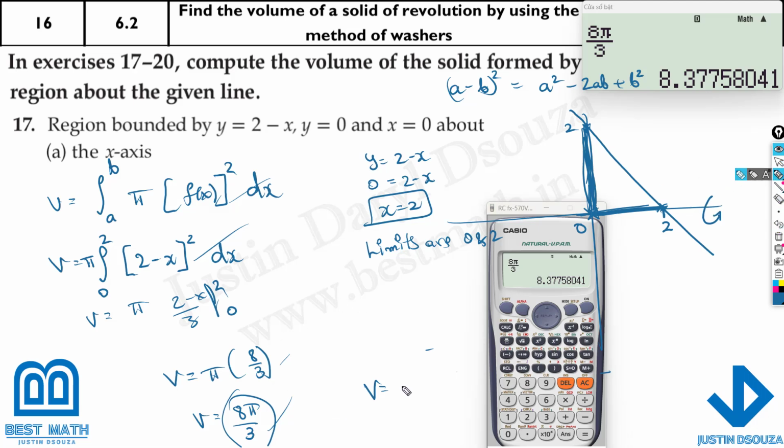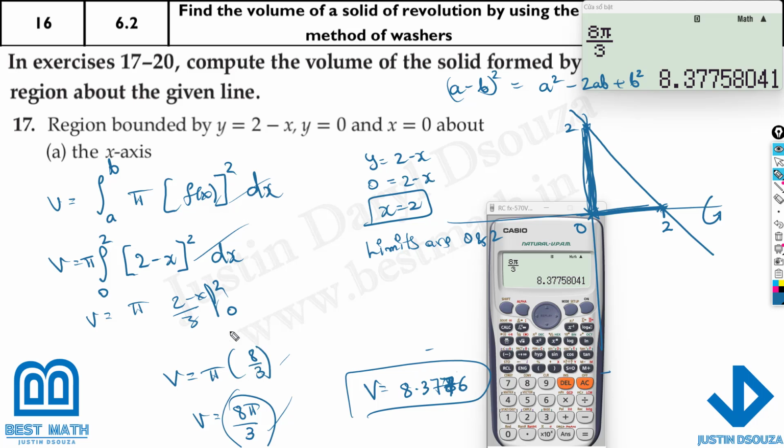Last year when we went for correction, they allowed either value, whether in terms of pi or the numerical value. 4 decimals are better, that's generally the maximum we take. So 8.377 is the final answer. After this, you can write that. So just fill steps in order to show that you have done it in writing.